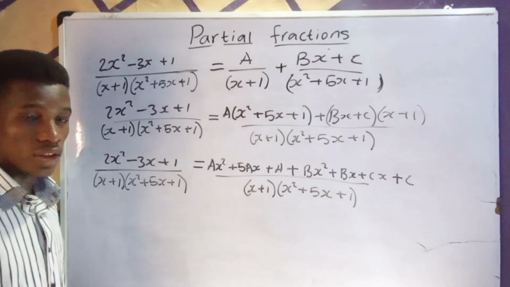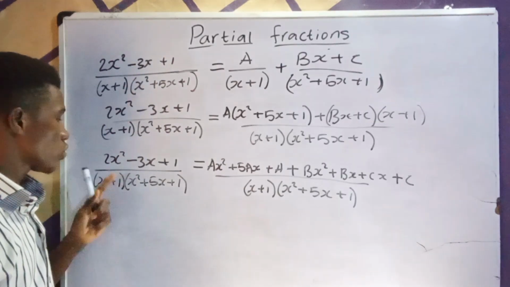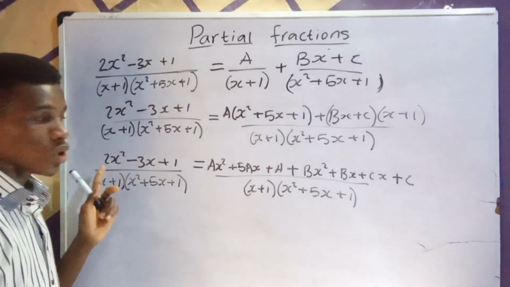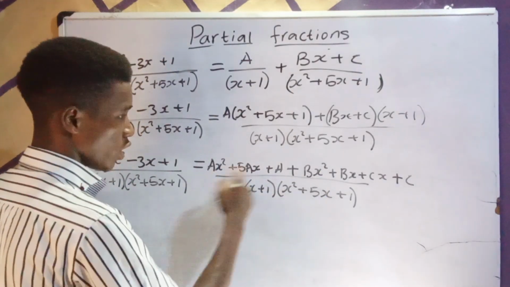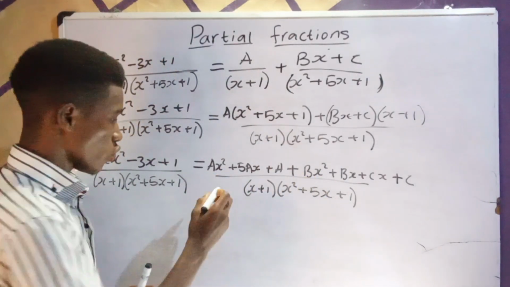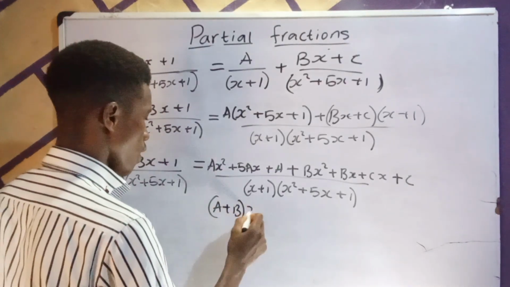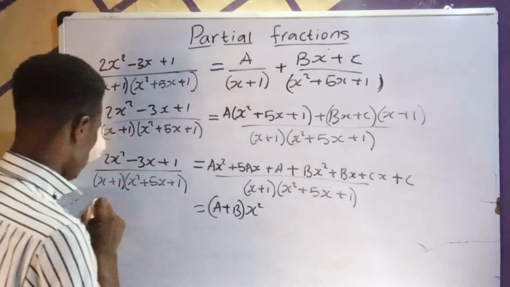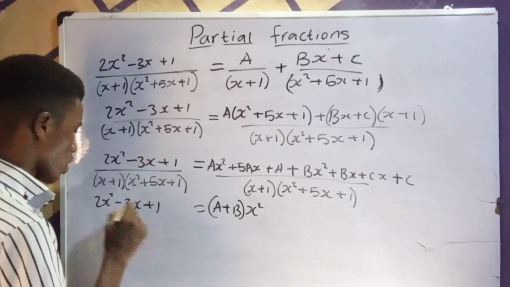Now this is the most interesting part. So from here we can compare coefficients. If you observe, the coefficient of x squared here is what? 2. Now what's the coefficient of x squared from this place? You see that the coefficient of x squared was a plus b. So from here we have (a plus b) x squared, right? 2x squared minus 3x plus 1.